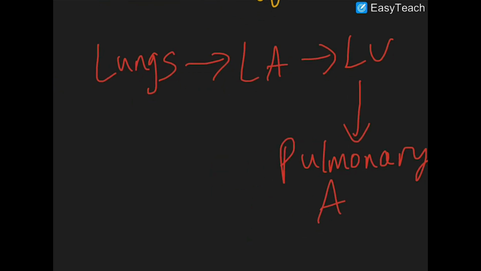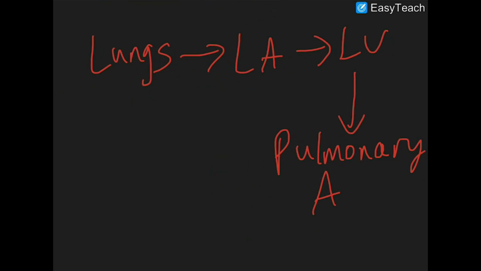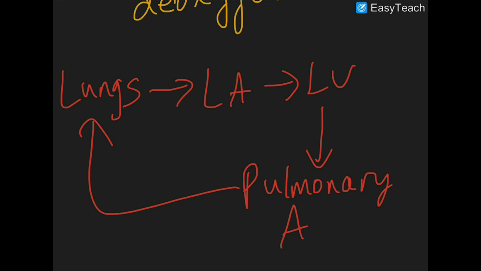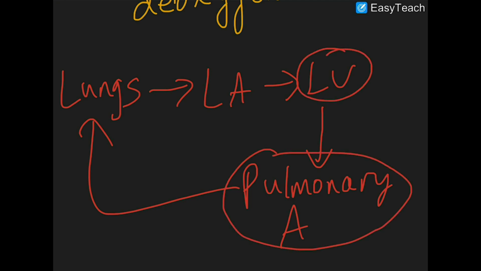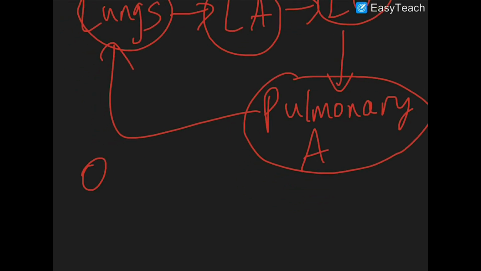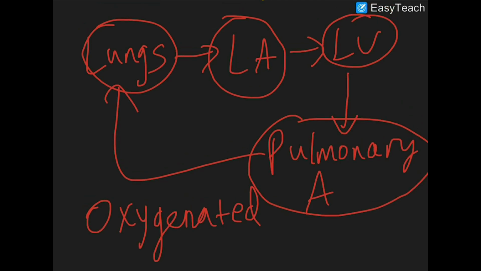Then from the pulmonary artery, where does blood go? Usually to the lungs, right? So now look what happened on the left side of the heart: from the left ventricle, you go to the pulmonary artery, then to the lungs, then back to the left side of the heart, which is usually what happens. And now you created an oxygenated circuit. This circuit is purely oxygenated because we involve the lungs here.